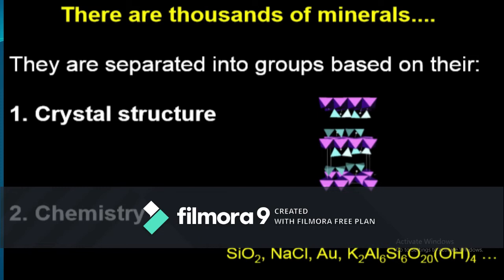These groups are made based on their crystal structure and based on their chemistry. So different minerals are assembled in a particular group based on their crystal structure and their chemistry.